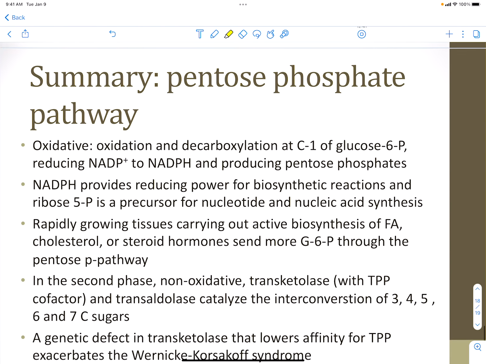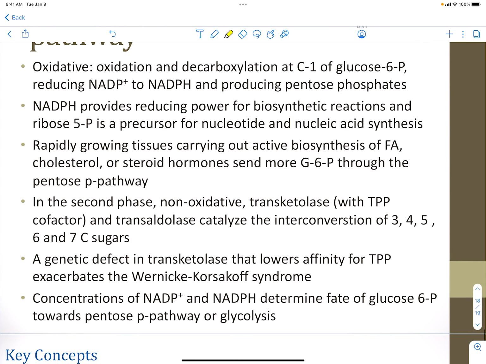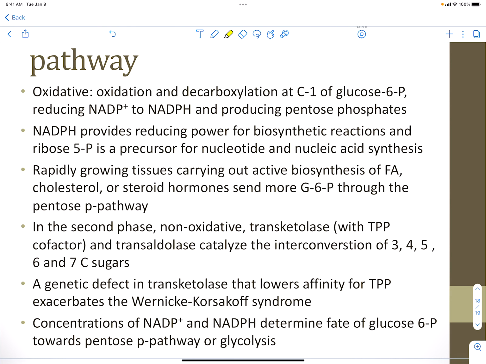Okay. And so in general, keep in mind that the pentose phosphate pathway is going to have an oxidative phase and a non-oxidative phase. The oxidative phase is to generate NADPH. You also generate 1 mole of carbon dioxide because you're going from a 6-carbon to a 5-carbon. You get ribose 5-phosphate, which can go to make nucleotides for nucleic acid synthesis, or it can go back through the pentose phosphate non-oxidative phase with transketolase, which has that TPP as a cofactor.